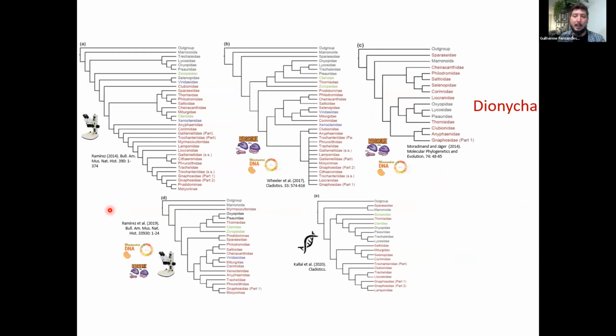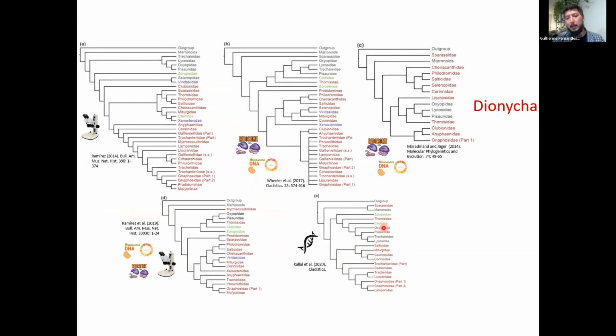If you look at previous papers, we have Dionica here in red, and in most of the analyses they appear monophyletic, depending on the data: morphological analysis, traditional Sanger sequencing analysis, combined Sanger sequencing and morphology, and here some genomic data.